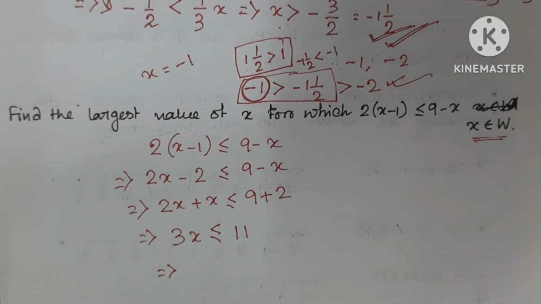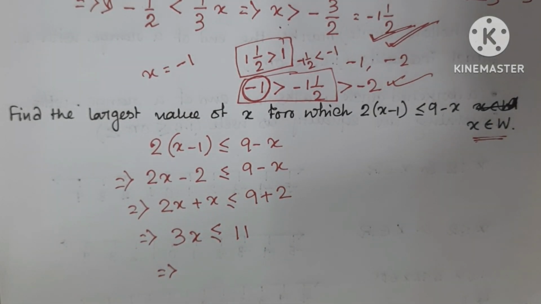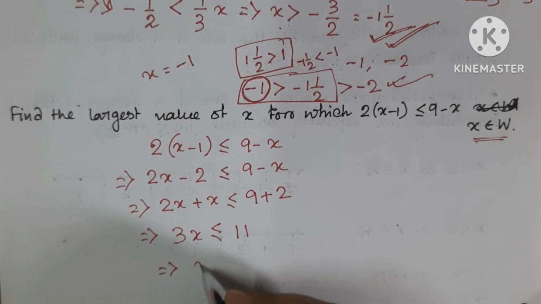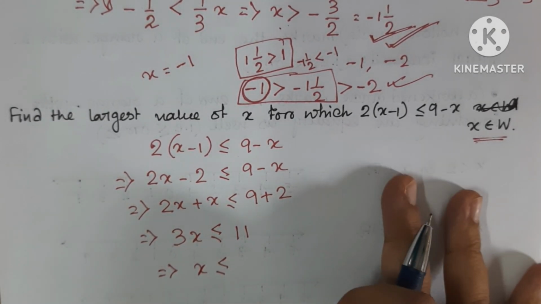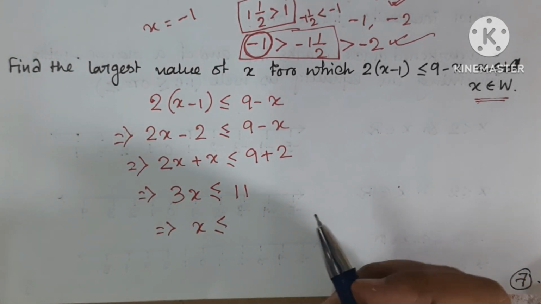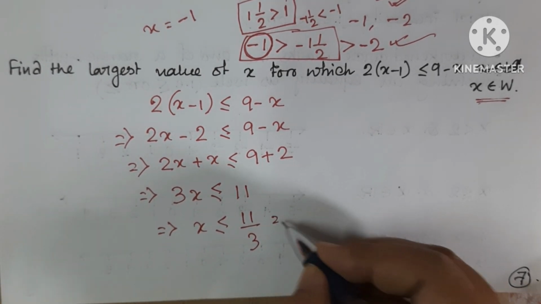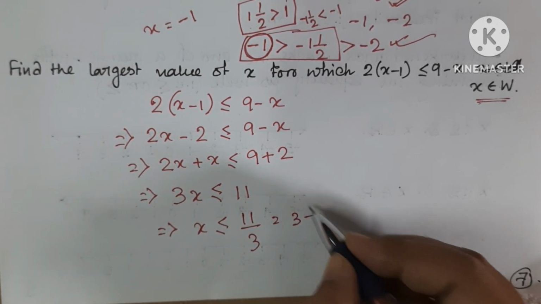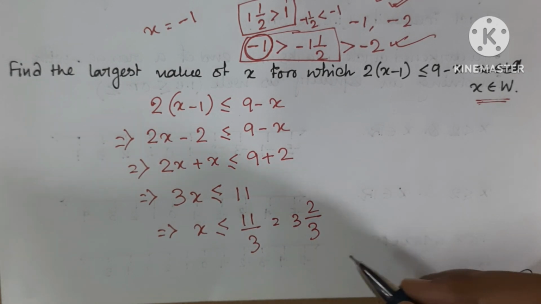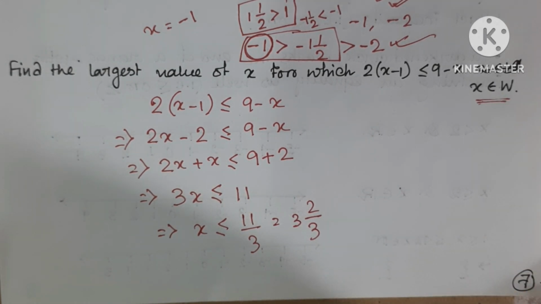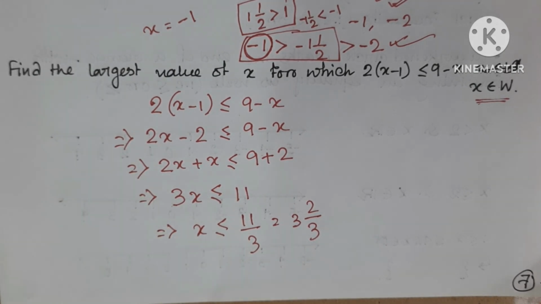So x is less than or equal to 11 by 3, and 11 by 3 means 3 and a 2 by 3. So what will be the solution set? See here it is given whole number.